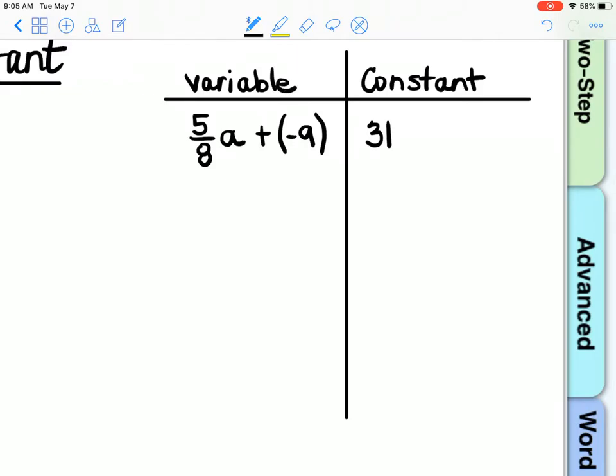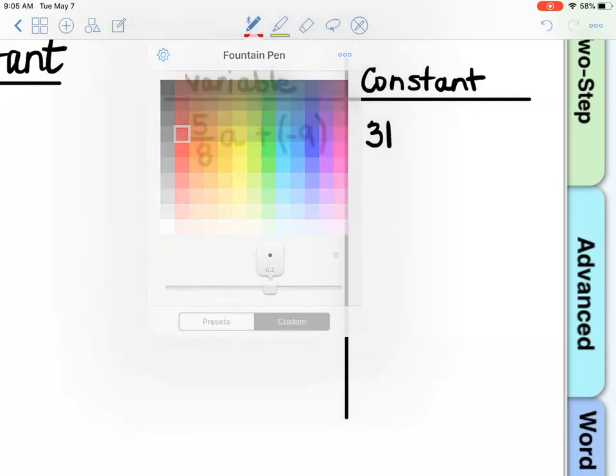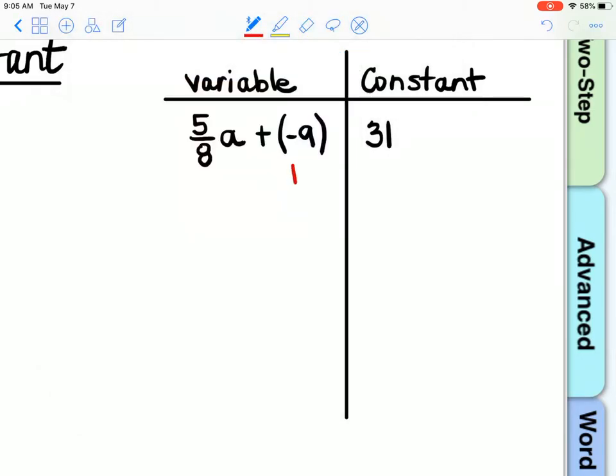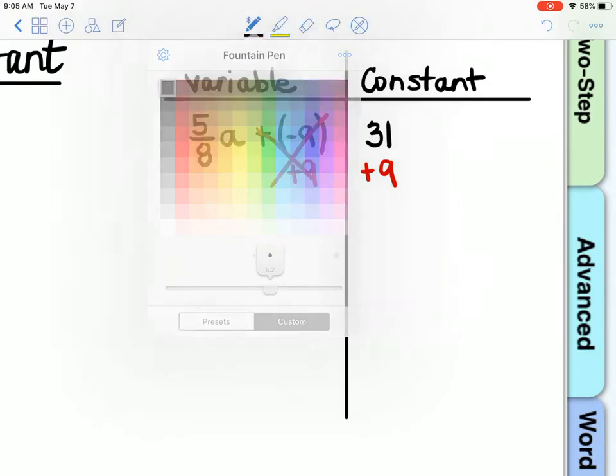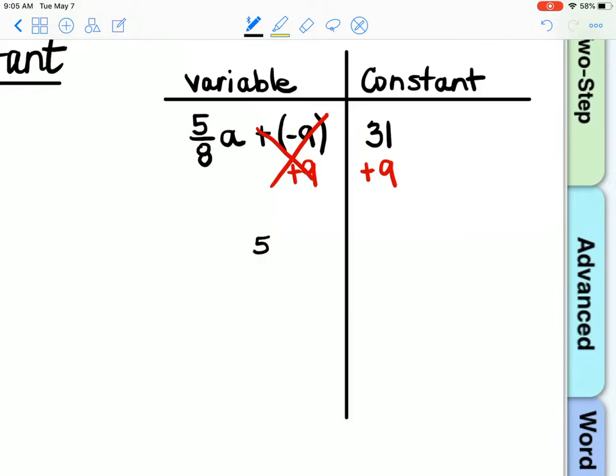And we need to move the -9. So we're going to add 9 and add 9 and cancel. So we're left with 5/8 and a, and then 31 plus 9.